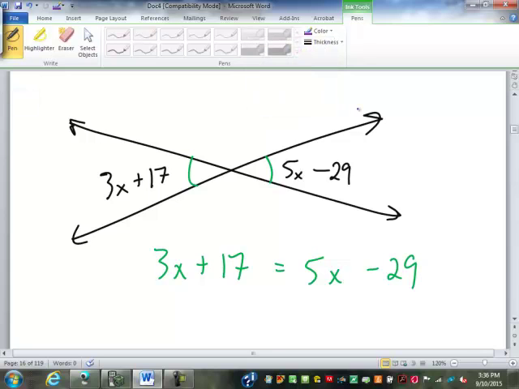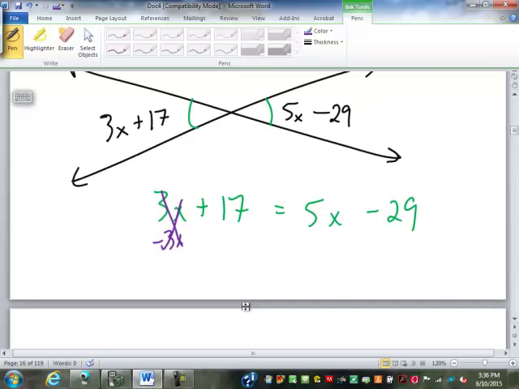Doesn't really matter. But now that we have the equation set up, we notice that there's an x on each side. So what do we have to do? Perfect. We're going to subtract 3x to get rid of it over here, leaving us with just a 17 here. We'll subtract 3x over here to get 2x minus 29.